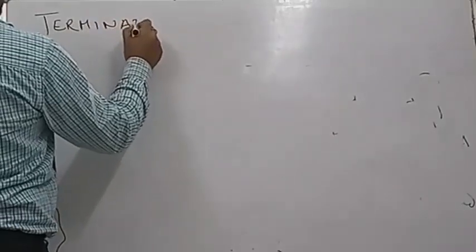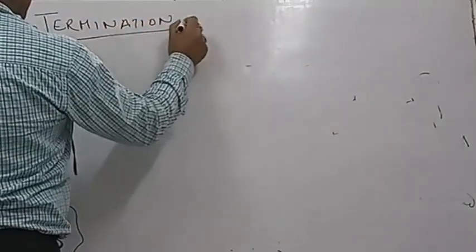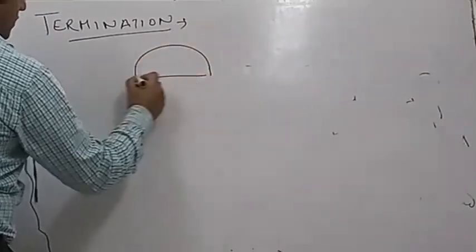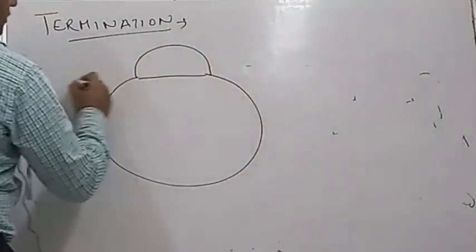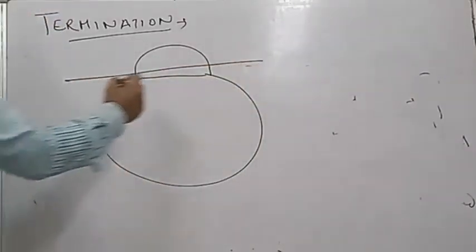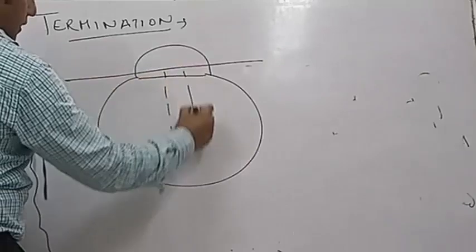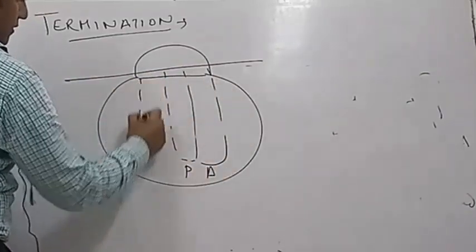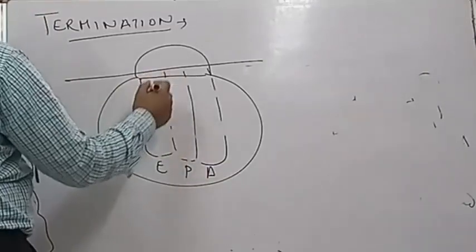Termination, very easy, nothing much required. You have to just have a stop codon, isn't it? So this is again the P site, this is the A site, this is the E site, right?